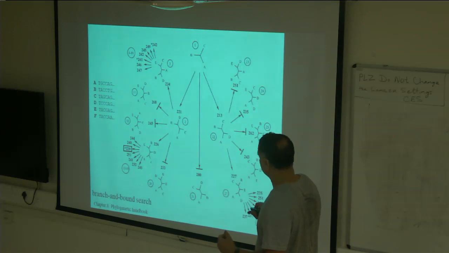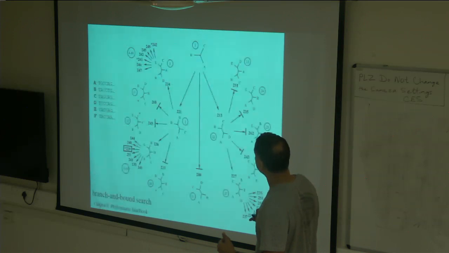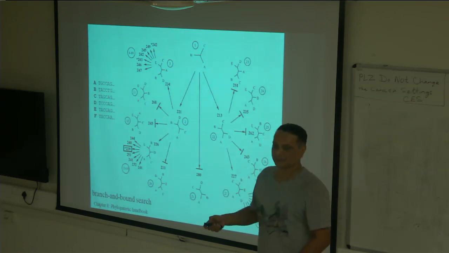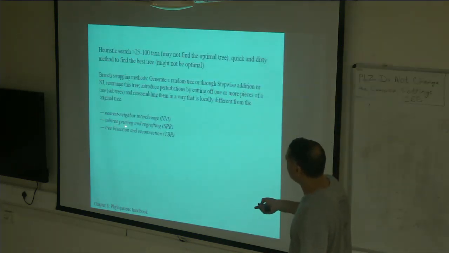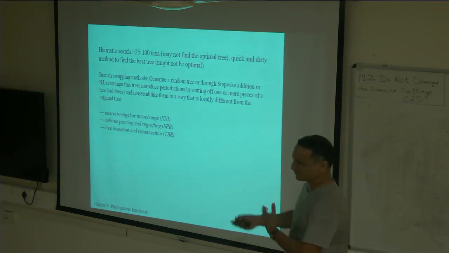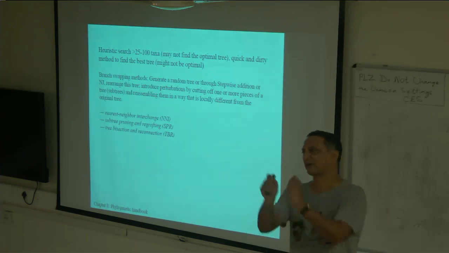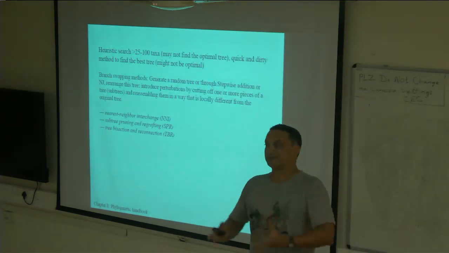Whereas tree bisection and reconnection would be something like you cut the tree here and place it over here. Something like that, right? And then you have subtree pruning and regrafting. This is also where parts of the tree are cut. You prune the tree and regraft it somewhere else. So these are different ways to perturb your starting tree.